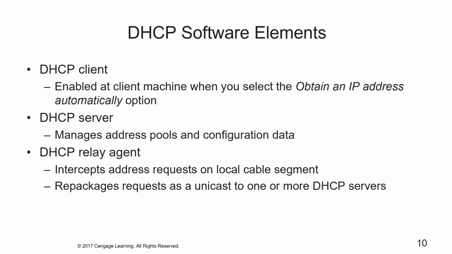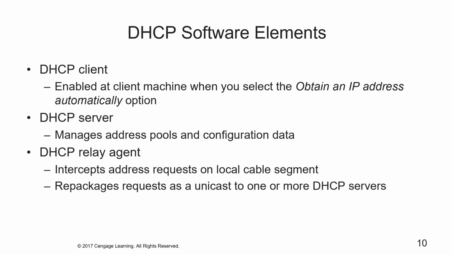And the DHCP relay agent intercepts the address requests on a local cable segment and repackages those requests as unicast to one or more DHCP servers. Non-Microsoft clients running TCP/IP that are compliant with RFC 2132 can also support DHCP client software. And a DHCP server can also be a domain controller, for instance, a member server, or a standalone workgroup server.